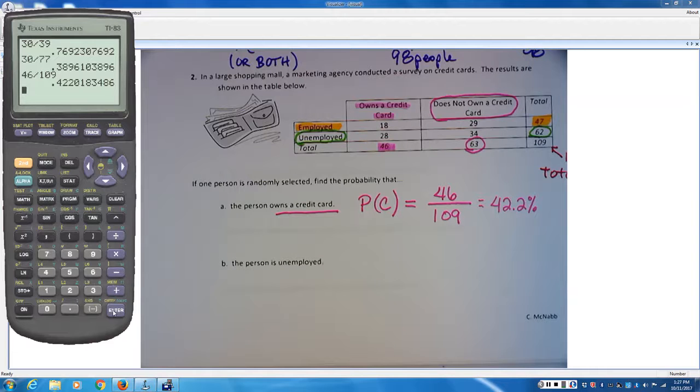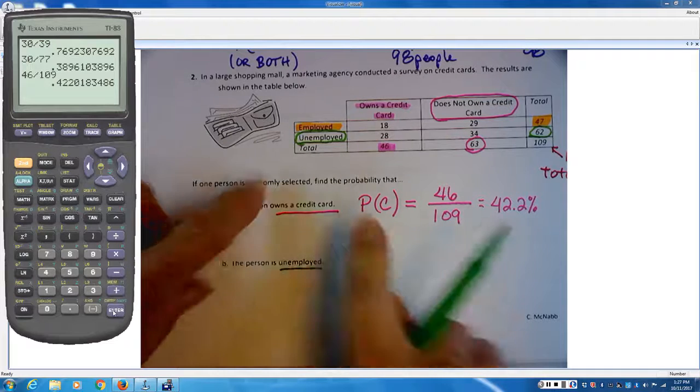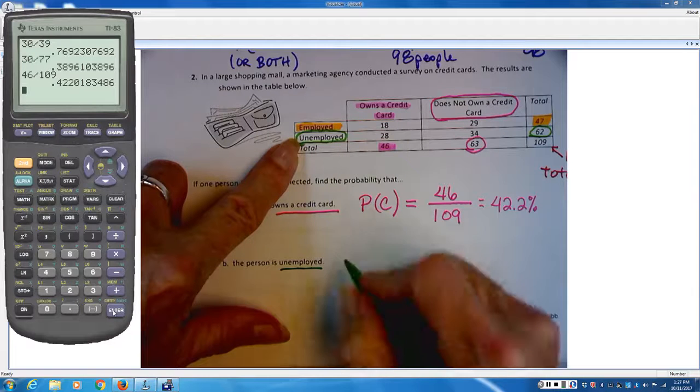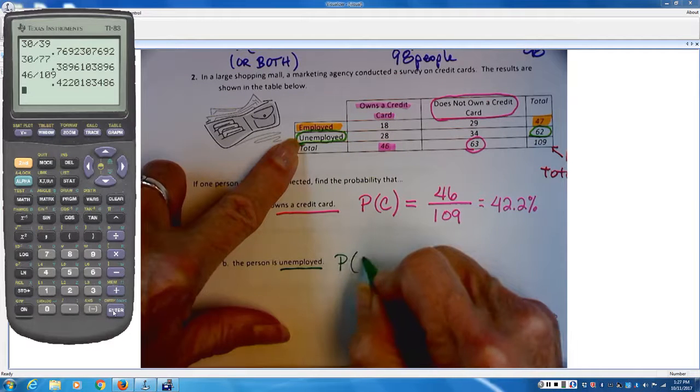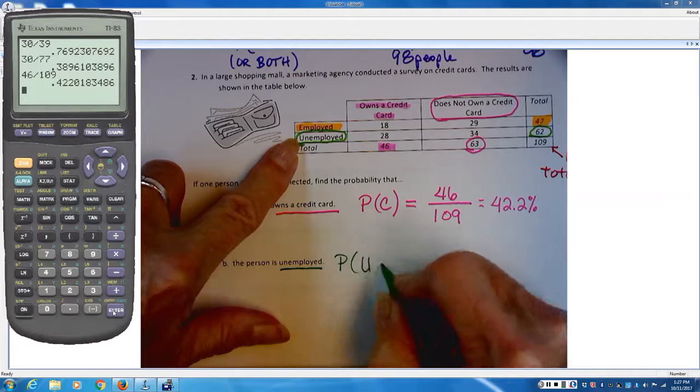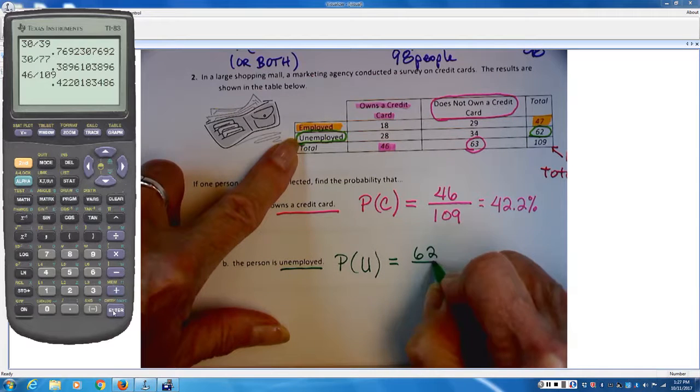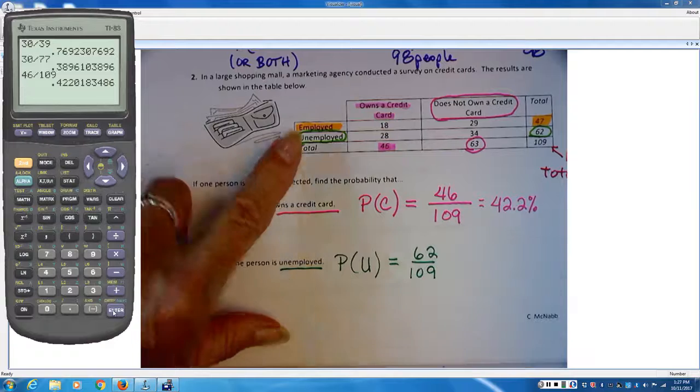So then the next one is, what's the probability the person is unemployed? Well, we're talking about the unemployed people. So if we read across the table, there are 62 people who are unemployed. And that again is out of the total of 109.